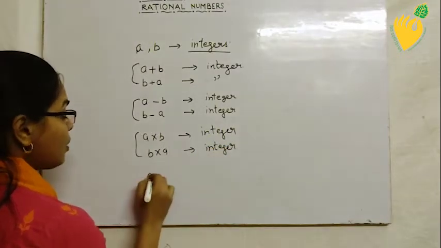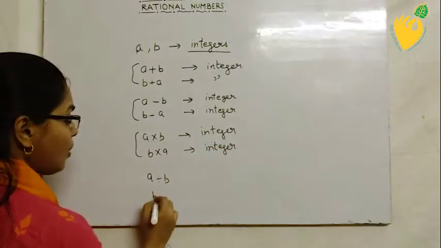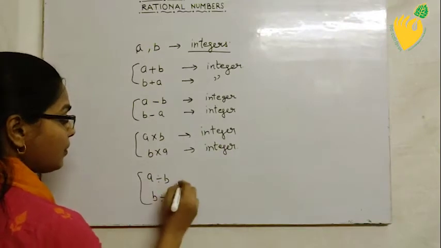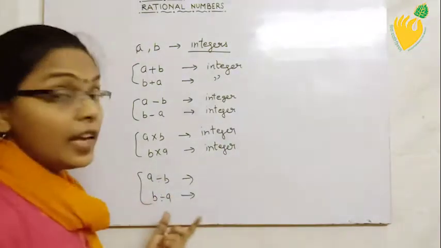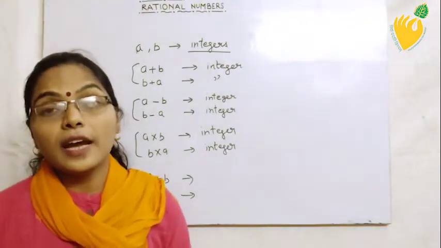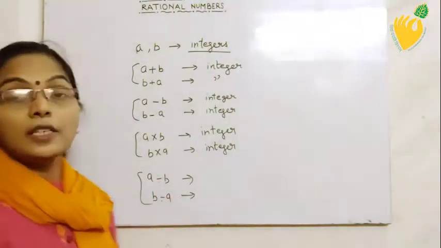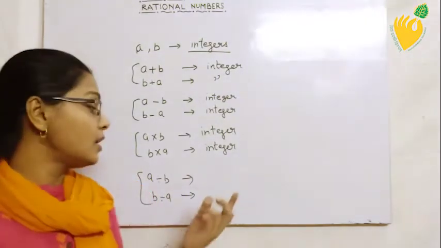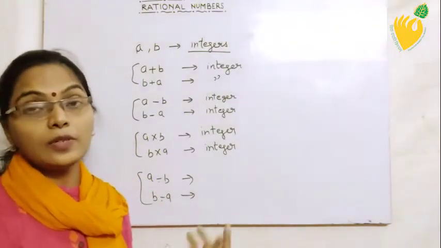But students, what about a divided by b or b divided by a? Will they give integer? Students, it is not necessary that integer divided by integer is also an integer. Sometimes the result is integer or sometimes it is not.